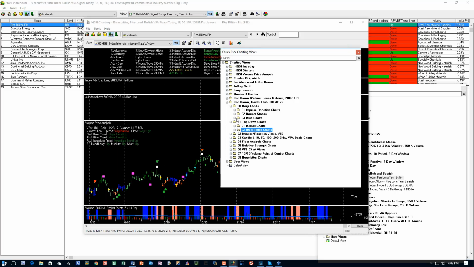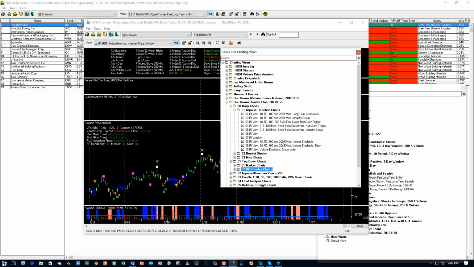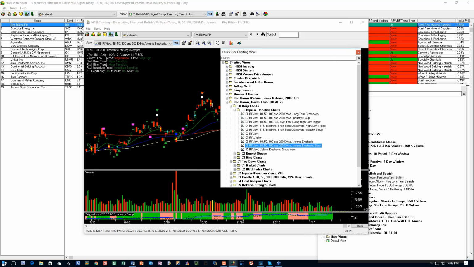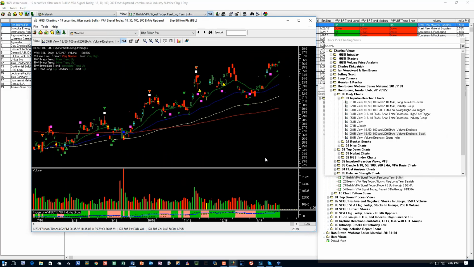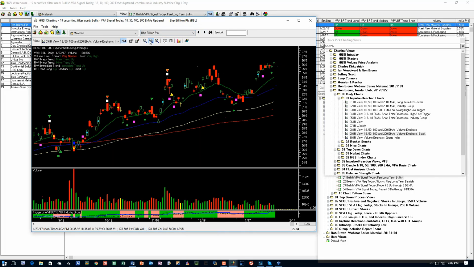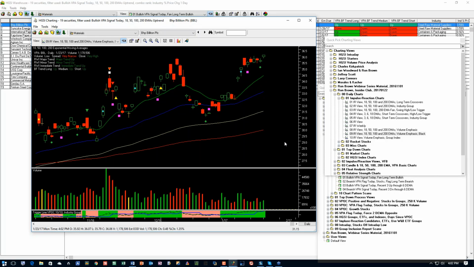Okay, I'm just going to go to my impulse reaction chart. I put some new charts in here with heavier volume bars, and this was based upon Friday. You can see that clearly happened. Here is what we have. We have the fan in place. The moving averages are all in the correct sequence, and here was a VPA flag that occurred on Friday.